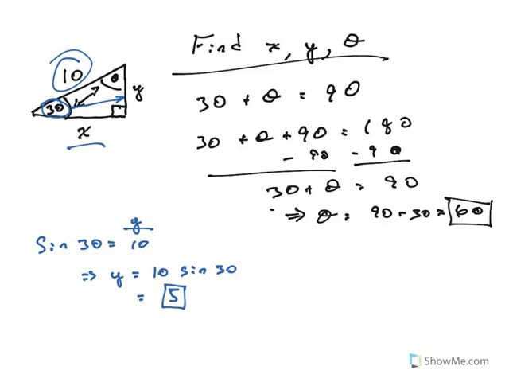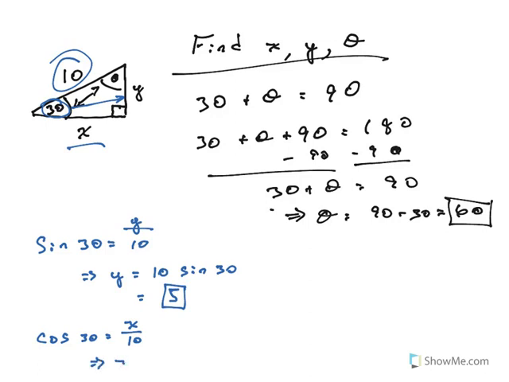First way is I could continue using Sohcahtoa, which I'll show you that. To find x, x relates to the 30-degree angle by being the side next to it, so it's adjacent. So cosine of 30 is adjacent, which is x, over hypotenuse, which is 10.